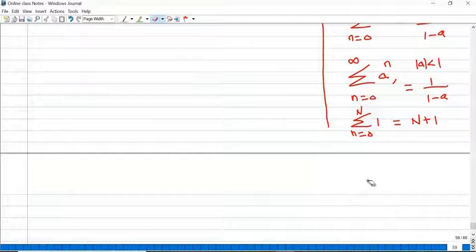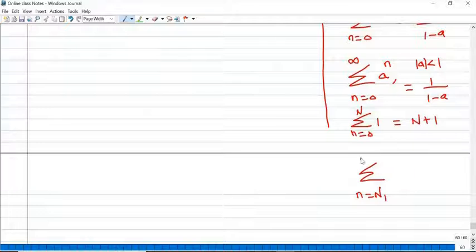And one more formula, summation n equal to n1 to n2 of 1 is n2 minus n1 plus 1.